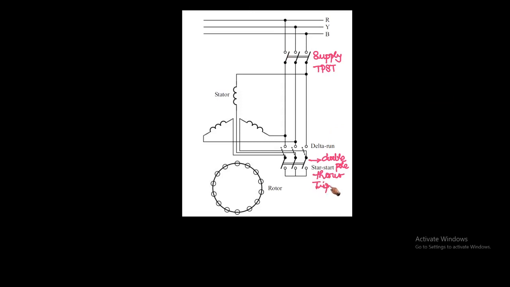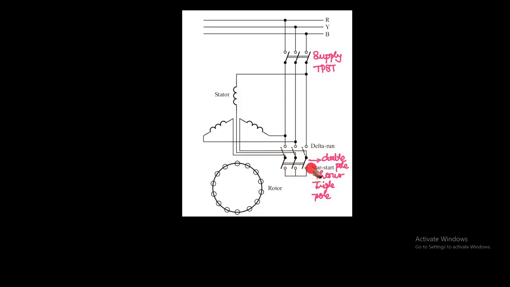Why? Triple pole means three phases, R, Y, B. Double throw means you can throw either to the star connection or shift to the delta connection.